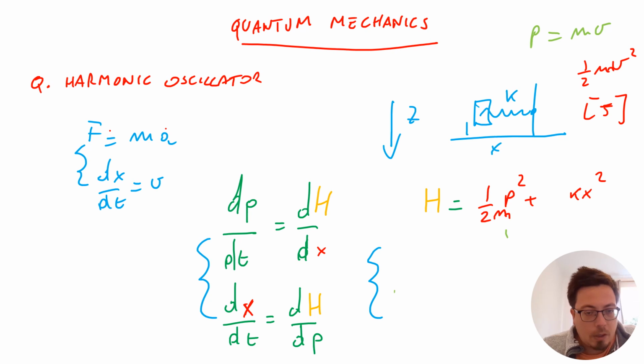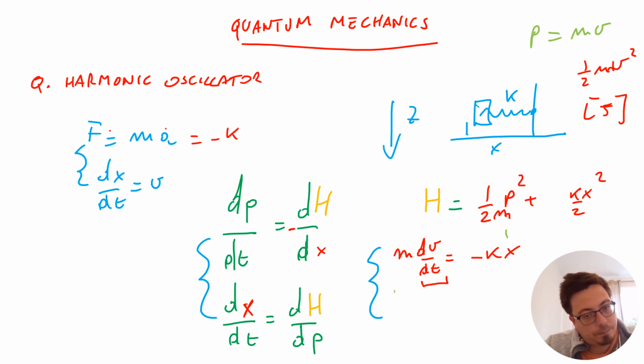The derivative of p over t is effectively m times the derivative of v over t, which is the acceleration, and the derivative of H with respect to x is, with a minus, minus kx. And if you think about it, this is already ma equals force, right? This is the acceleration, and this is the force that we had before due to the spring.